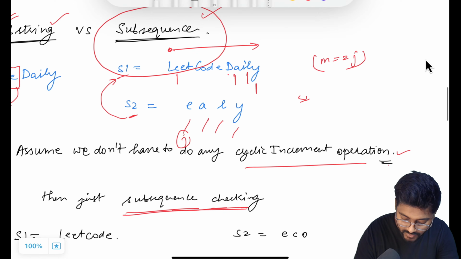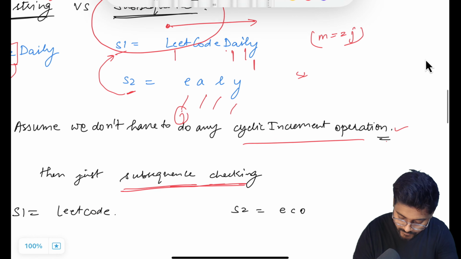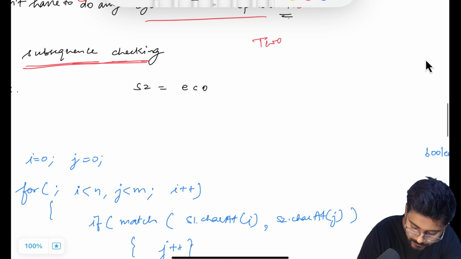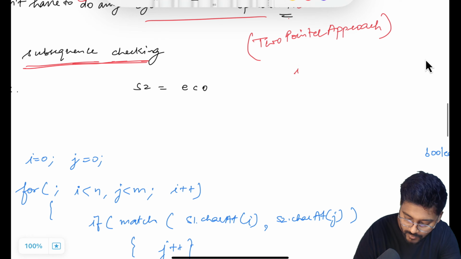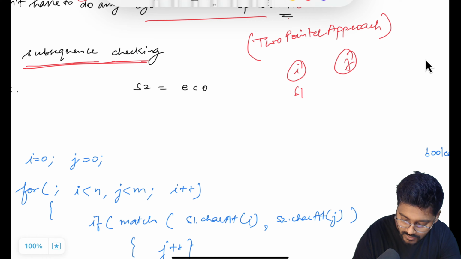I already told you that we will iterate over string 1, and whenever we encounter a character from string 2, we will increment the pointer on string 2. So it is a two-pointer approach, where one pointer, let's say pointer I, iterates over S1 and pointer J keeps track of the current situation at string 2.